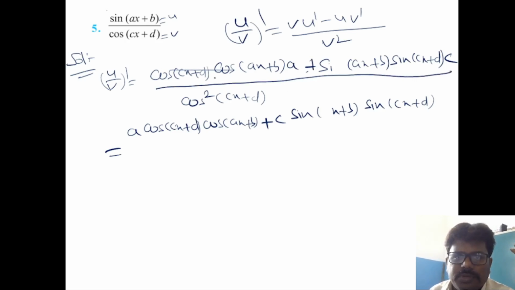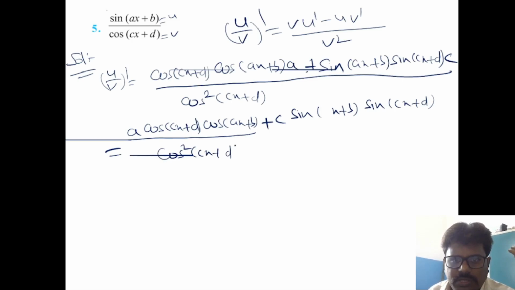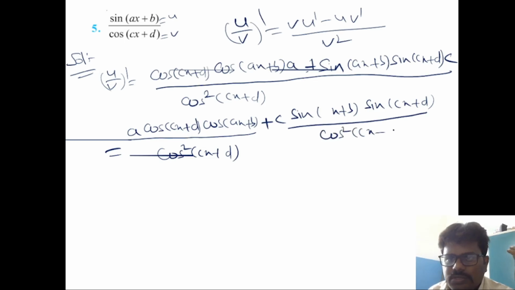Sorry, there is a cursor problem, so that's why I am making some adjustment here. So write this denominator for this term, cos square cx plus d, and for this term also cos square cx plus d.